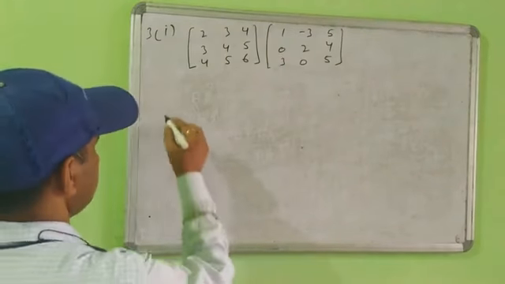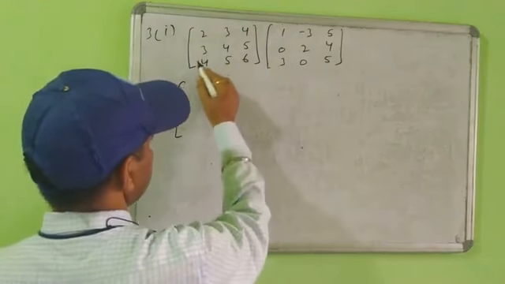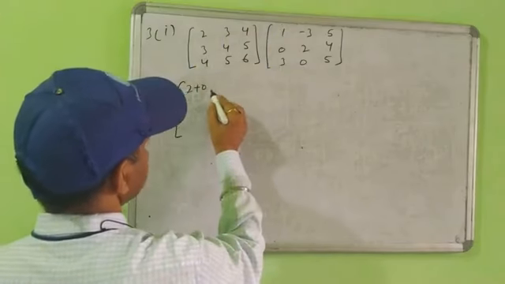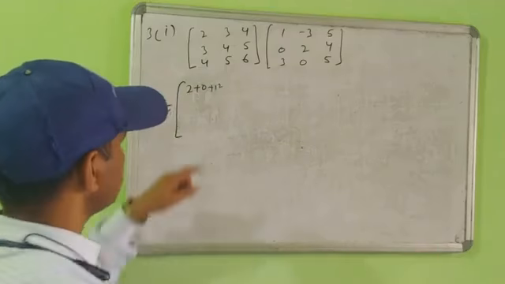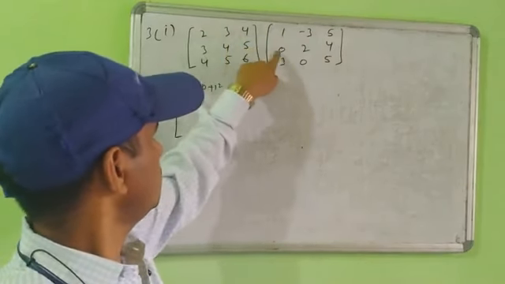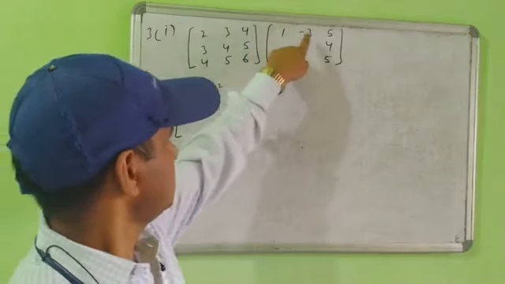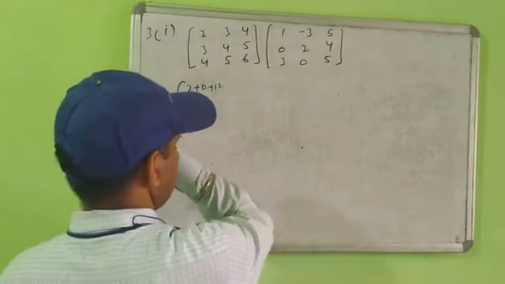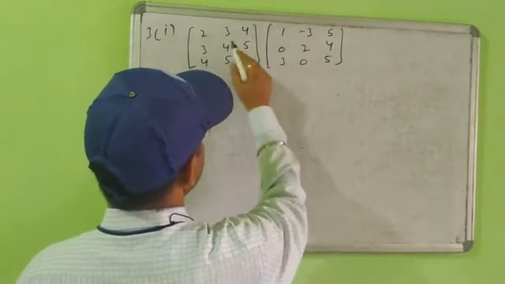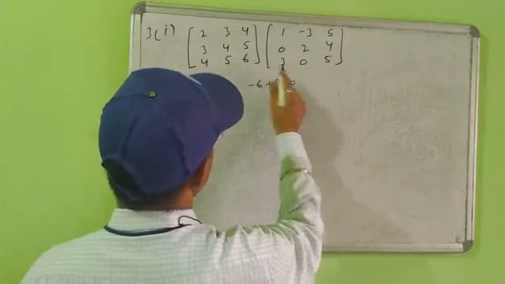So then multiply here. First row, first column: 2 1 is 2, 3 into 0 plus 0, and 4 3 is 12. Second, first row, second column: minus 6 and plus 3 2 is 6 and plus 0.